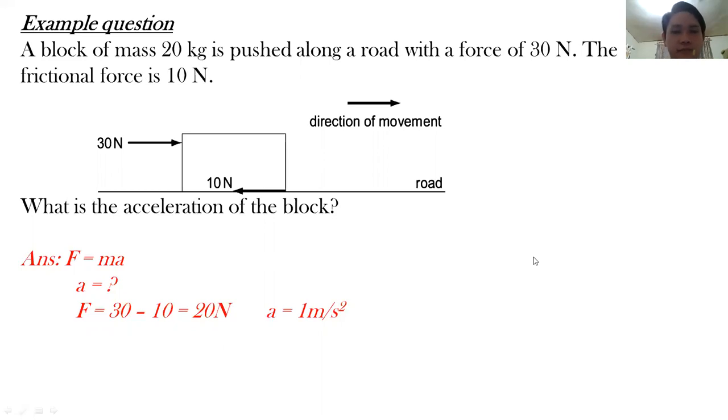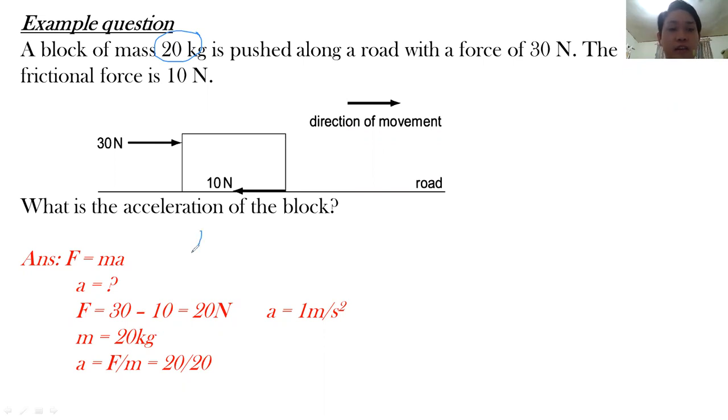Next, your M is equal to 20 kilograms, as given. Since we're looking for your acceleration, we can say that your acceleration is inversely proportional to your mass.